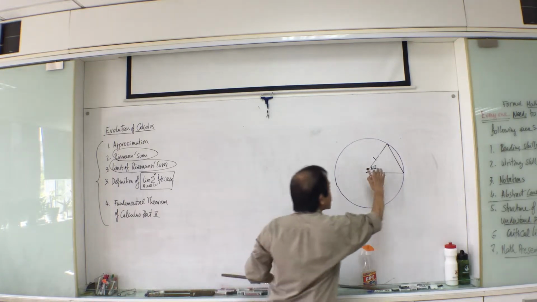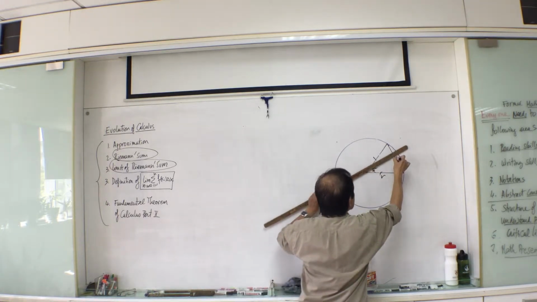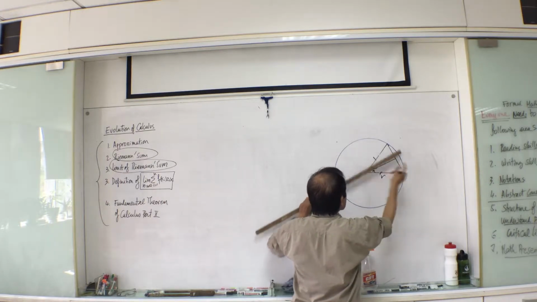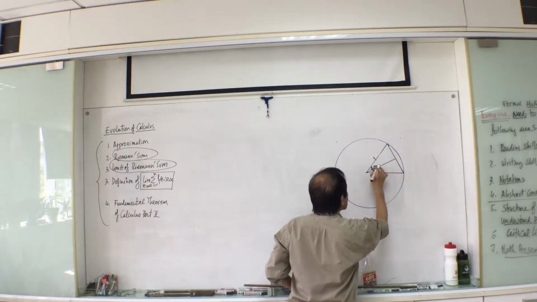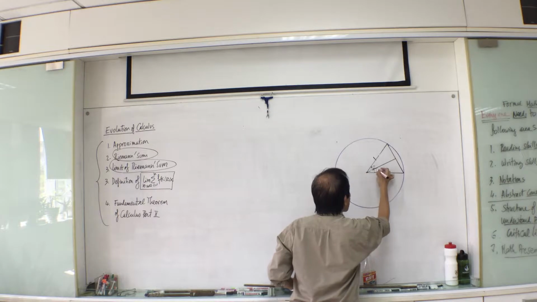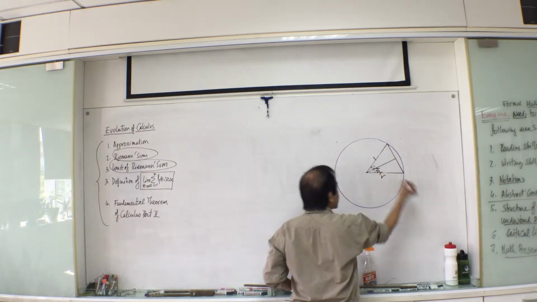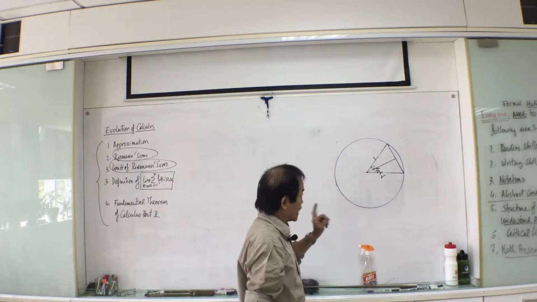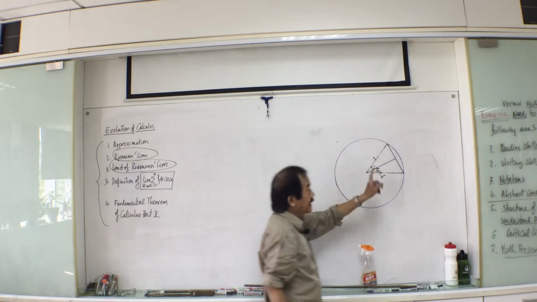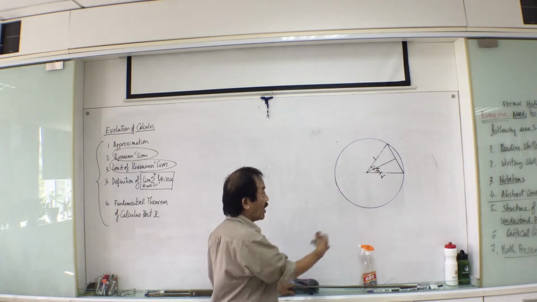So now I try to cut this one by half. Now the angle here, half of that, has to be pi over n. Now I try to write the equation of the area in terms of n and r.